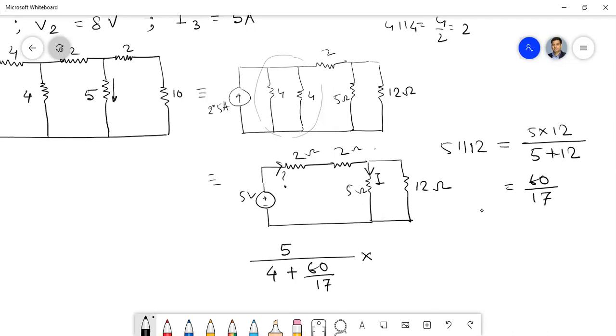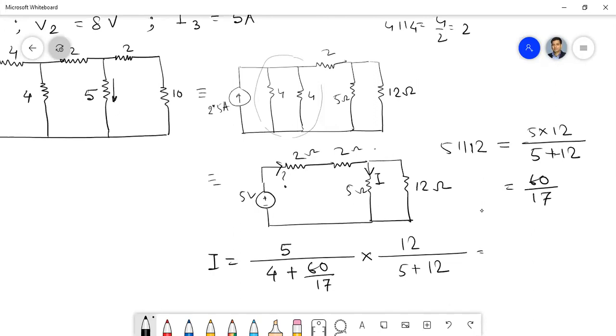If this is I, so this I will be 12 divided by 5 plus 12 times that current. So that will be your final I value. Is it okay?